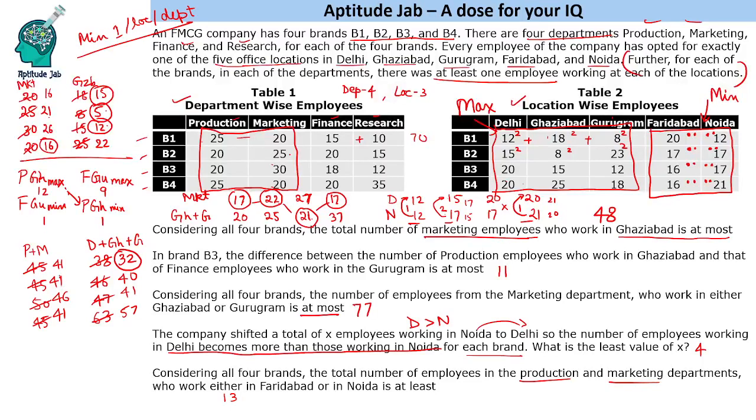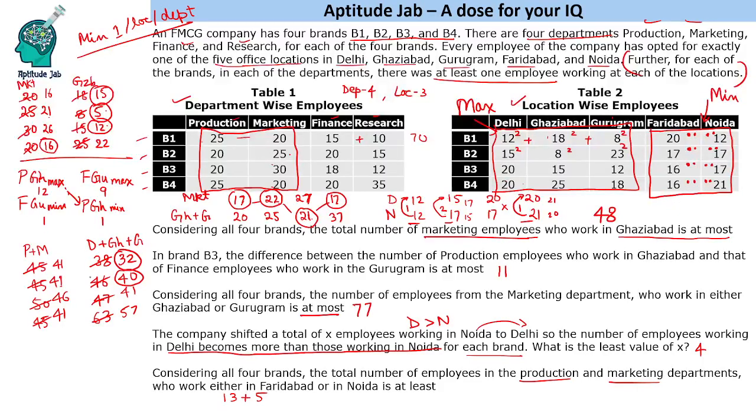Now there are 41 employees available and 40 available in Delhi, Gurgaon and Ghaziabad. We can assign a maximum of 40 here. If we assign maximum 40, that means we can assign 5 to Faridabad or Noida. Okay, total 45 employees. This is after assigning the minimum how much are left.